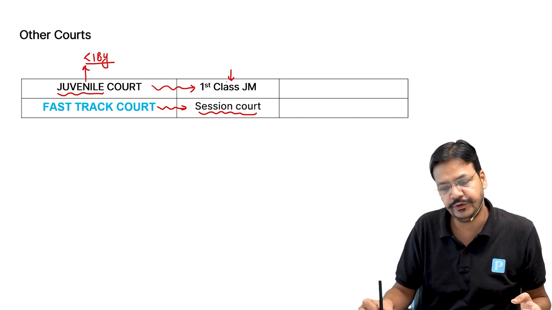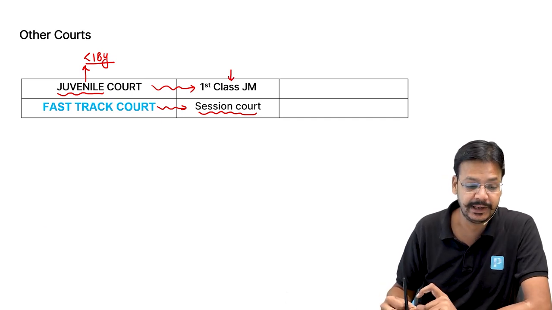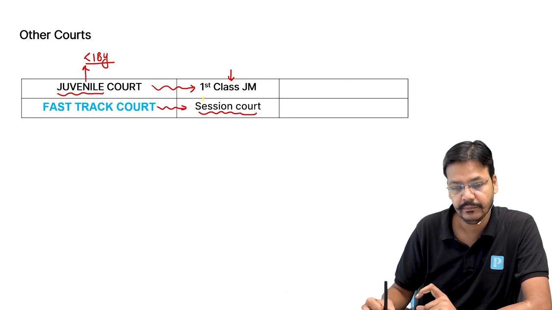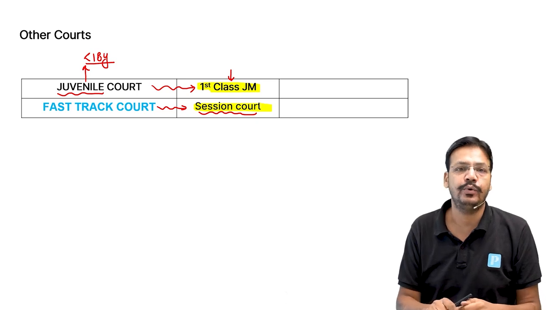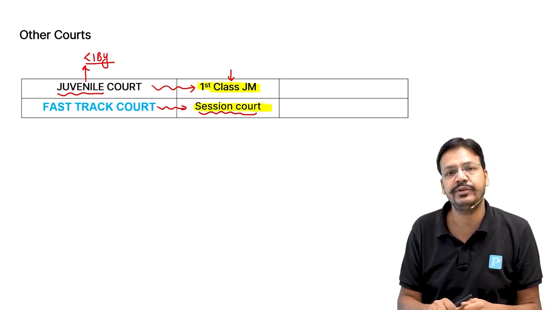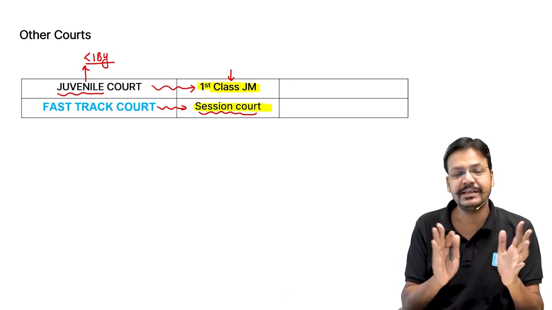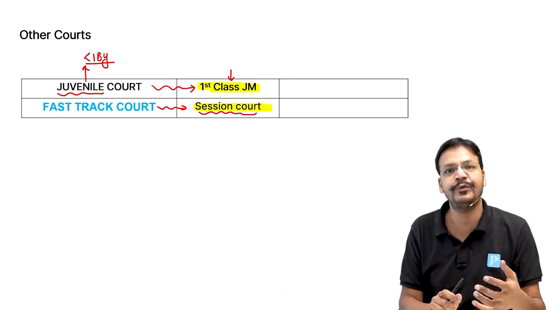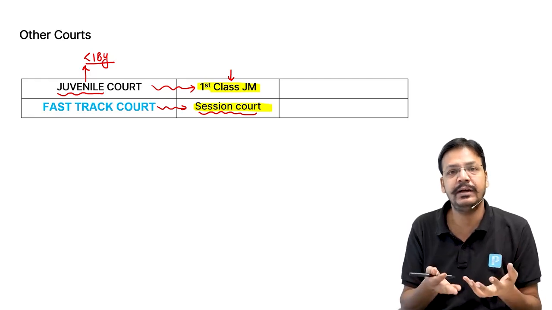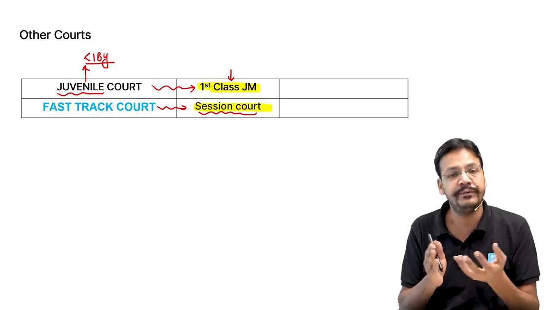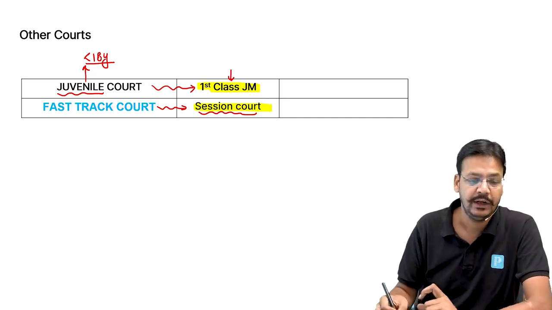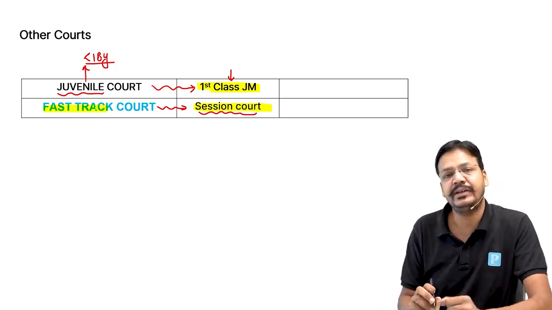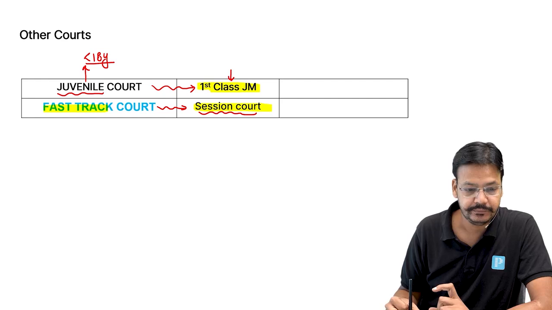The magistrate of juvenile court is first class JM category. And fast track court is the category of the session court. So these are the types of court, different punishments of court, and the presiding officer of juvenile court. Fast track court, where the speed is fast, is of session court category.